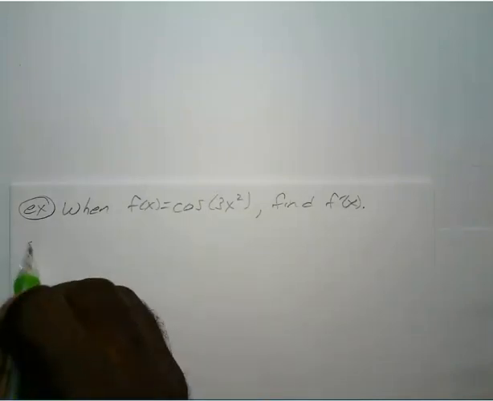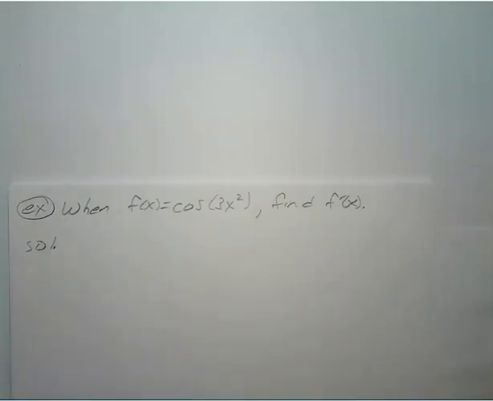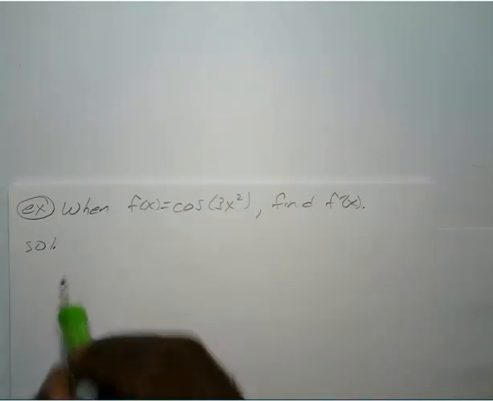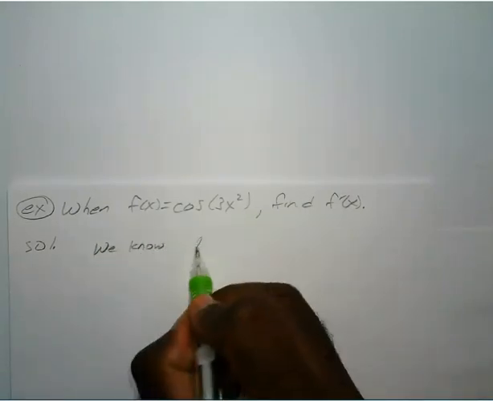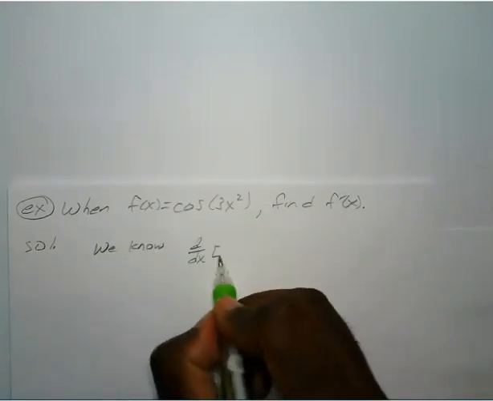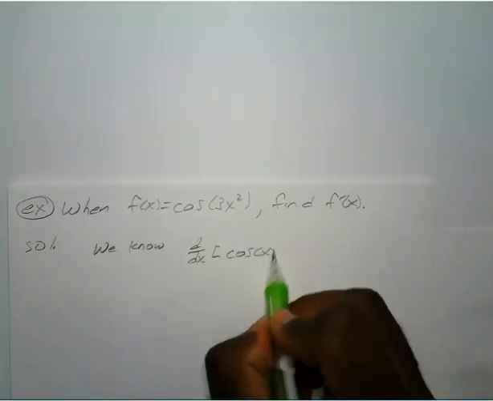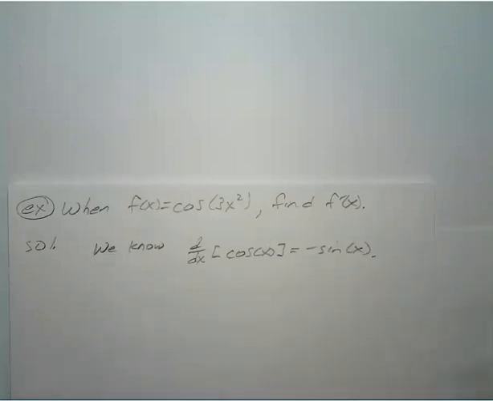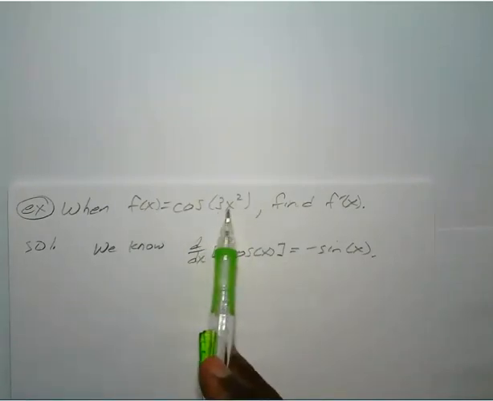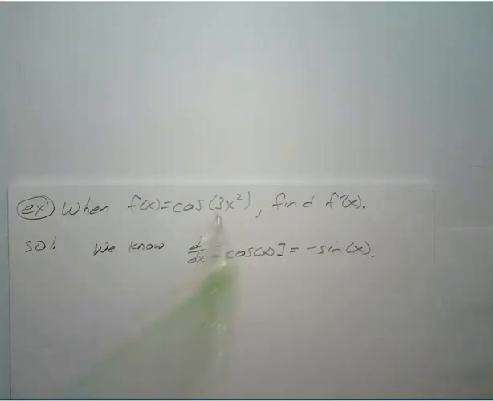The one thing we know to be fact for now is that the derivative of cosine of x is equal to negative sine x. But that's not just an x in there. You have a whole different function other than just x by itself. So that's when you use the chain rule.